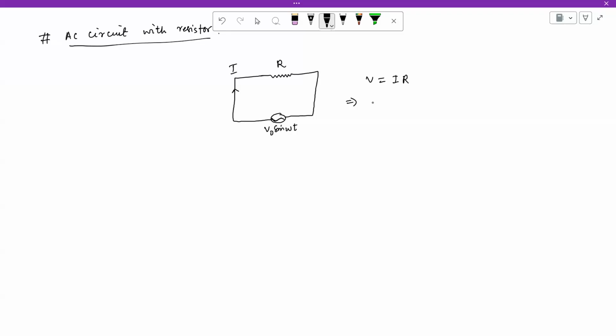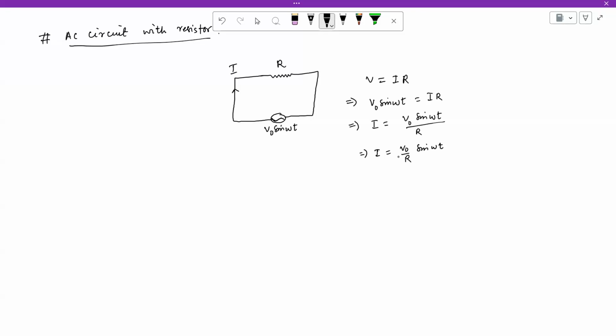So V naught sine omega t equals IR, so we can calculate I equal to V naught sine omega t divided by R. So I would be V naught by R and sine omega t.